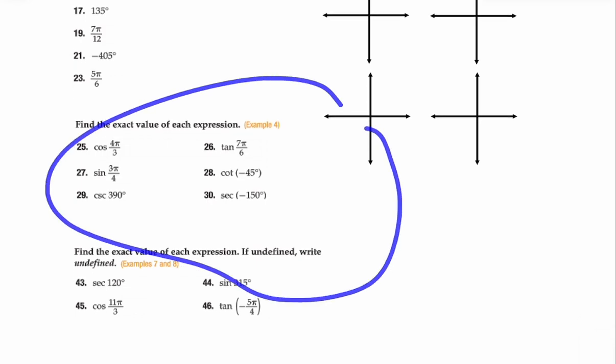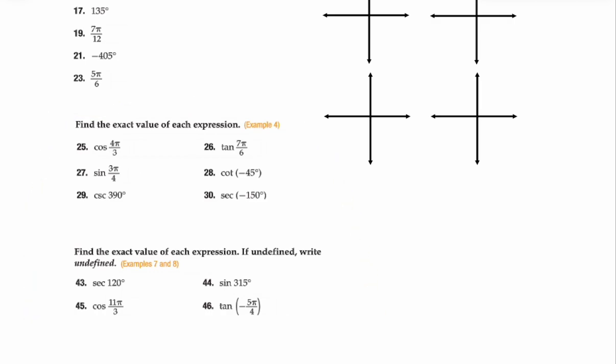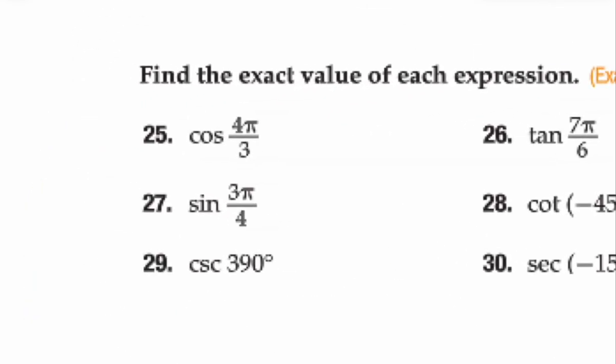Here, for all of these from here down, let's do 25 together. For 4 pi over 3, I want you to show me where 4 pi over 3 gets you. 4 pi over 3 is 240.